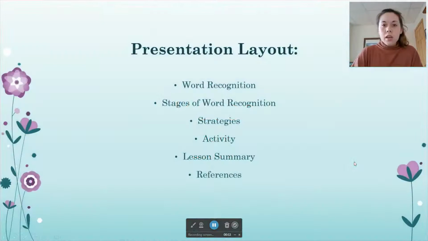Here is the presentation layout. I'm going to talk about what word recognition is, the stages of word recognition, and strategies to teach word recognition. Then I will show you an activity, which I'm excited about because it involves my siblings.